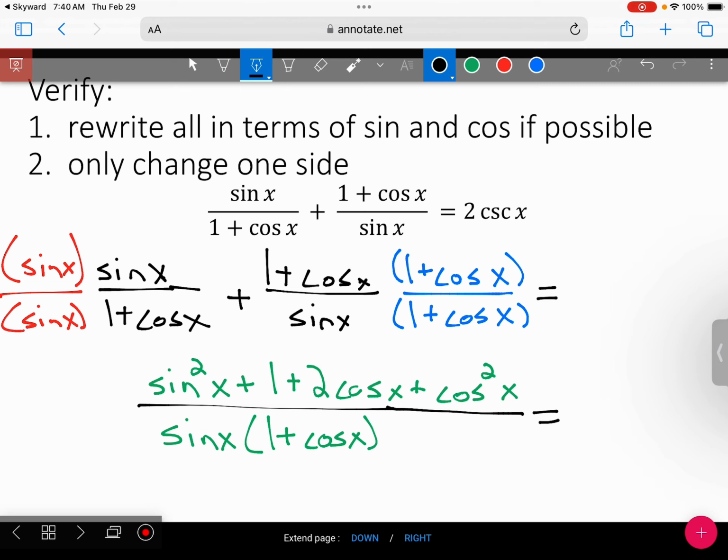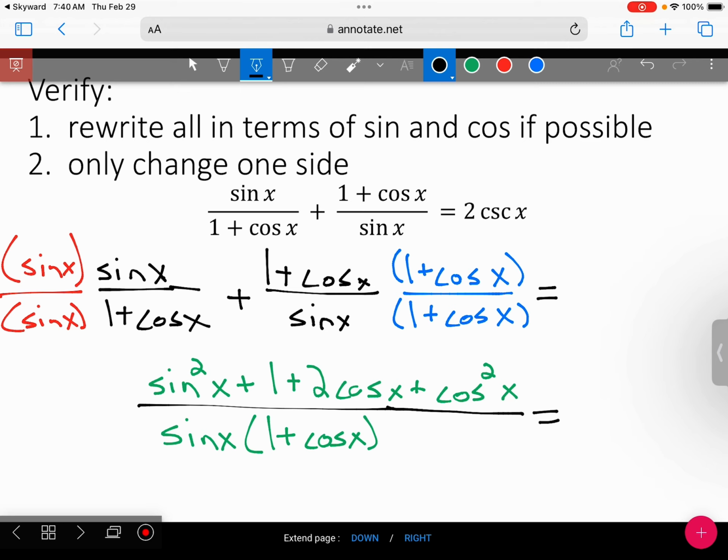Last, cosine times cosine is cosine squared. And then you have to do your cross terms. 1 times cosine is cosine. 1 times cosine is cosine. If you need to visually see that with a box, do a box. So we ended up with 1, 2 normal cosines, and 1 cosine squared. That's how I got that.